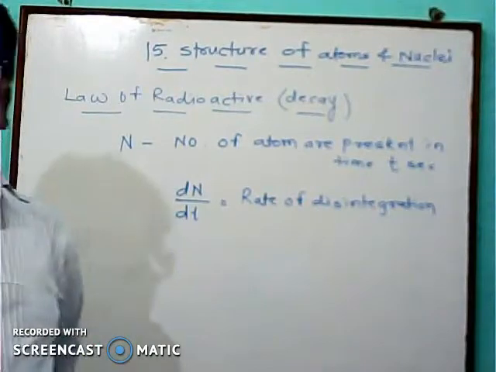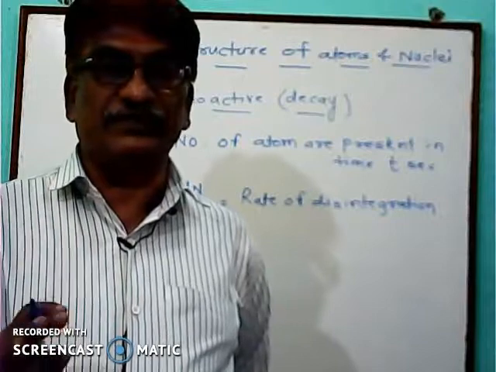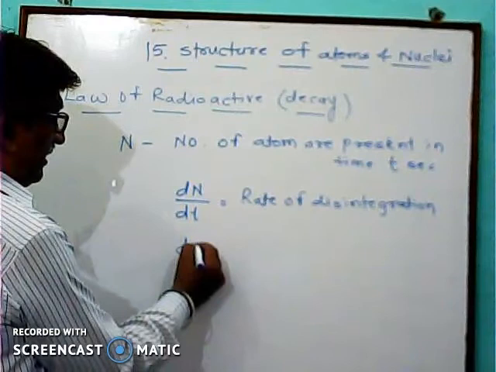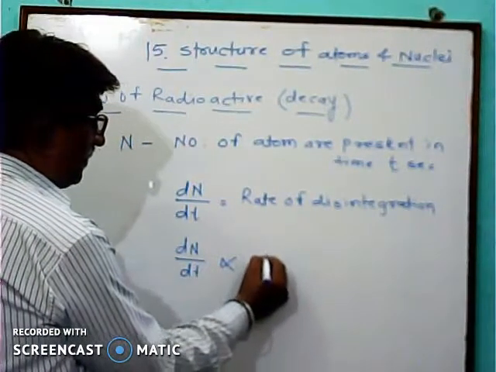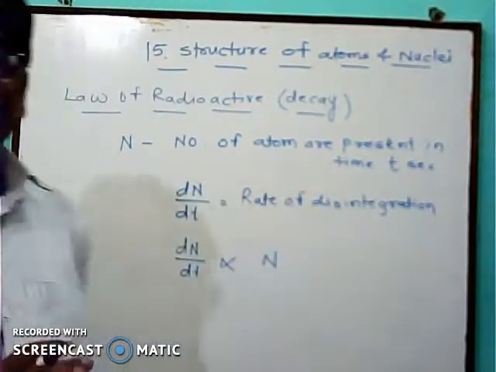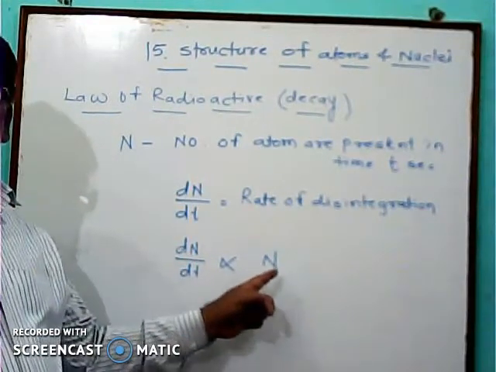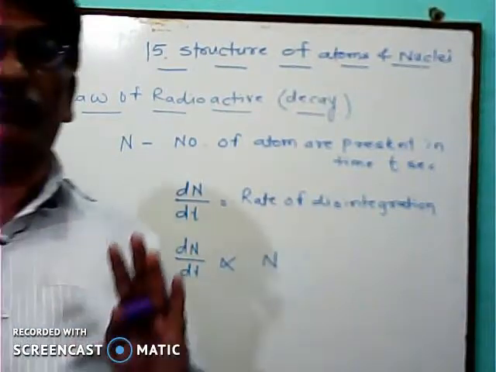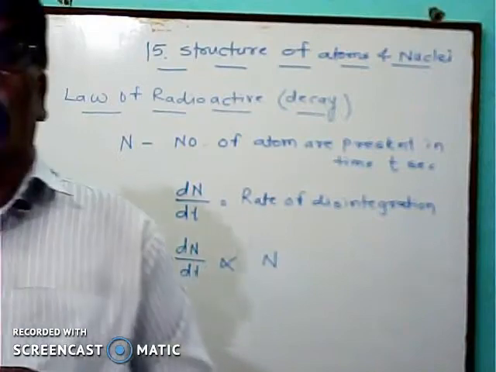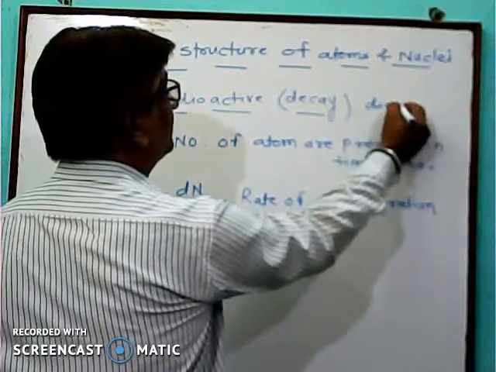So the law of radioactive decay states that the rate of disintegration is directly proportional to the number of atoms present at time t seconds. That means dN upon dt is directly proportional to N. That is the law of radioactive decay or disintegration.